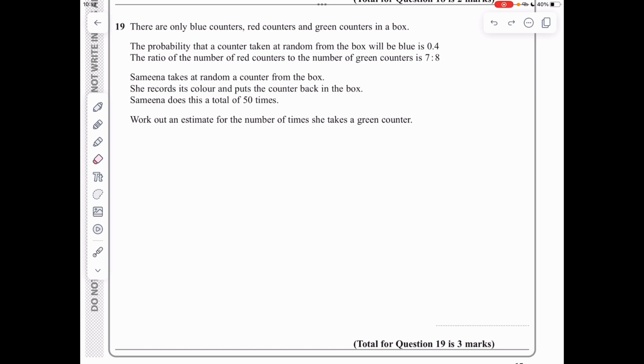So let me start by just stating blue, red, green, the three possibilities. We are told that the probability of a blue counter is 0.4, which means the probability of red or green should be 0.6. Remember, the three numbers should be adding up to 1. In addition, we have that red to green is 7 to 8.